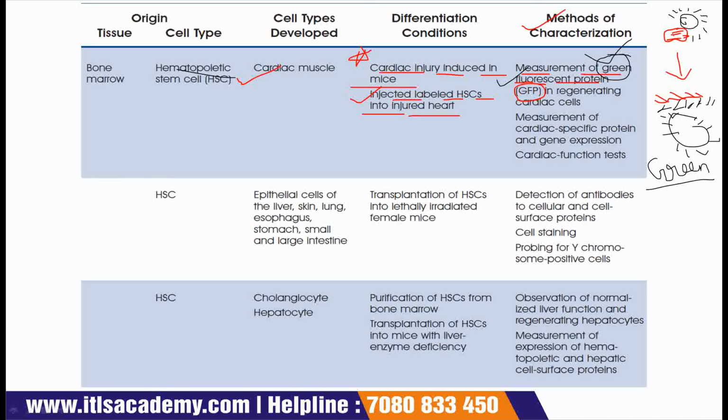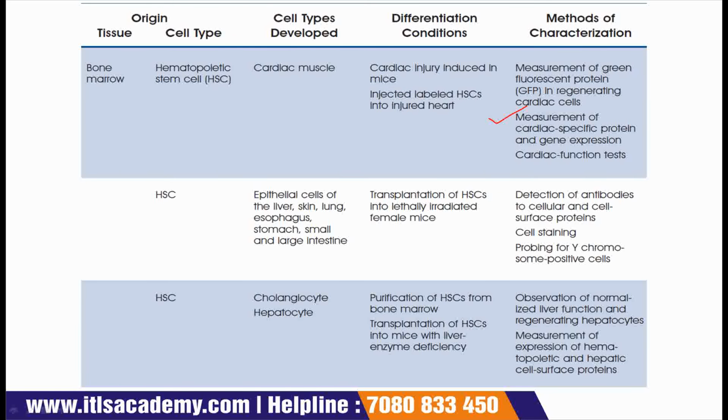So for the characterization, this green fluorescent protein is used, and this is for regenerating cardiac cells. Our next step will be measurement of cardiac specific protein and gene expression, and cardiac function test.